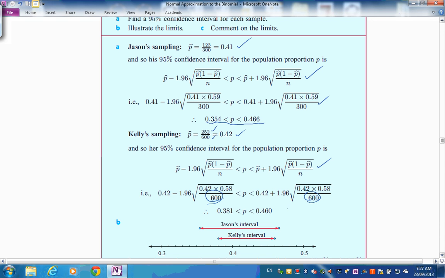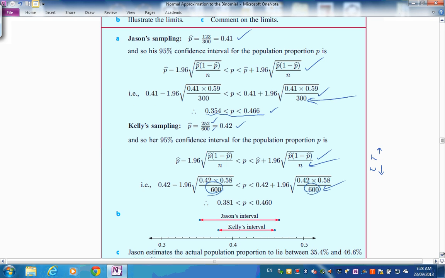What do you notice? Is the interval smaller? I think it is, isn't it? It's about 0.06, and up here it's almost twice that. So n greater, width smaller. We can see that because we're dividing by root n. So she's got 600, he only had 300.